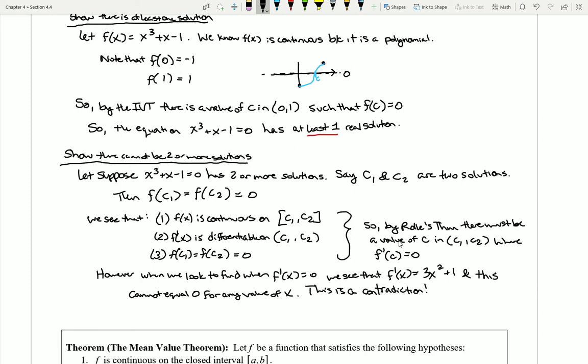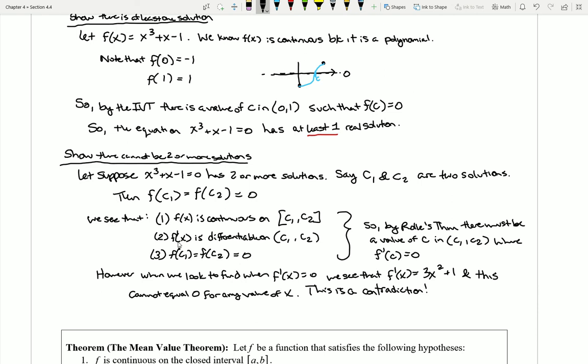Well, Rolle's theorem can't be wrong, right? Rolle's theorem says if you meet the conditions, then it is a guarantee that you get the outcome. Well, that must mean then that one of our conditions actually isn't met. We must have done something wrong, because otherwise Rolle's theorem should work. But we know our first condition's right because we can see our function right here. It's a polynomial.